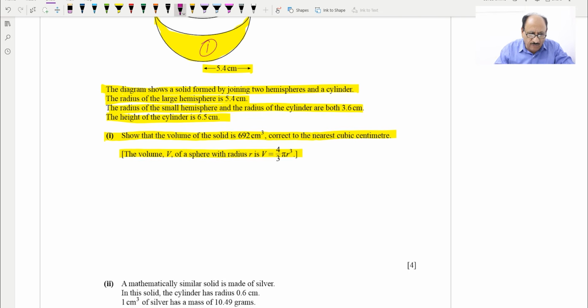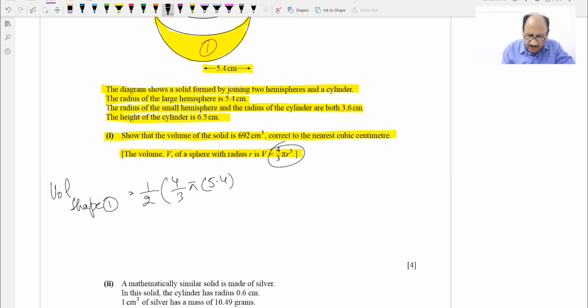Volume of shape 1, which is the lower hemisphere, will be equal to 4 by 3 pi r cube for a complete sphere, so we'll take half of 4 by 3 pi r cube, and the r value is 5.4.